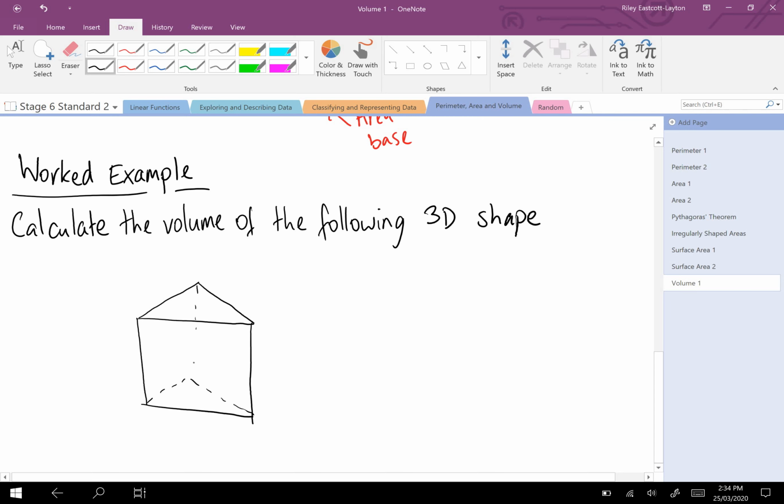It is, of course, a triangular prism. We've got measurements of, I'll do it in red, 20 centimeters down this way. Got a measurement of 10 centimeters this way. And from here to here, we'll say that's 7 centimeters.